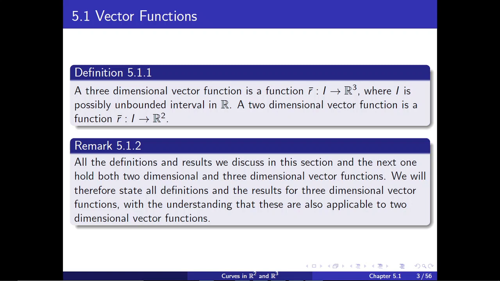And if it is a two-dimensional vector function, it just means r is mapping from an interval to R2. So the difference is where it's mapping to. For three-dimensional, R3; for two-dimensional, R2.